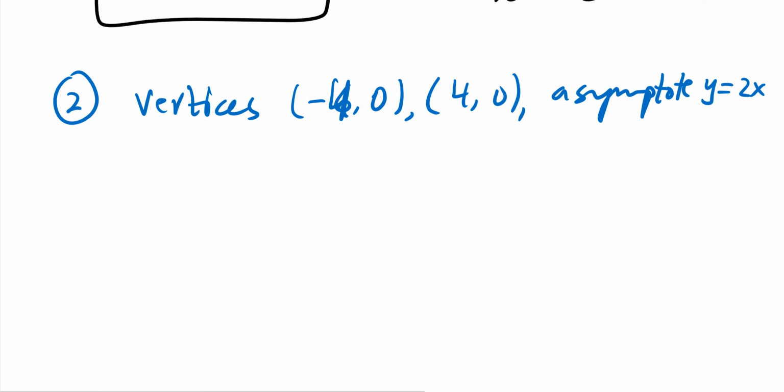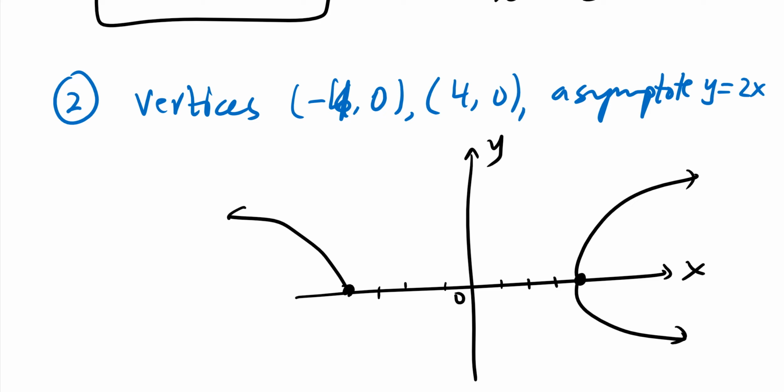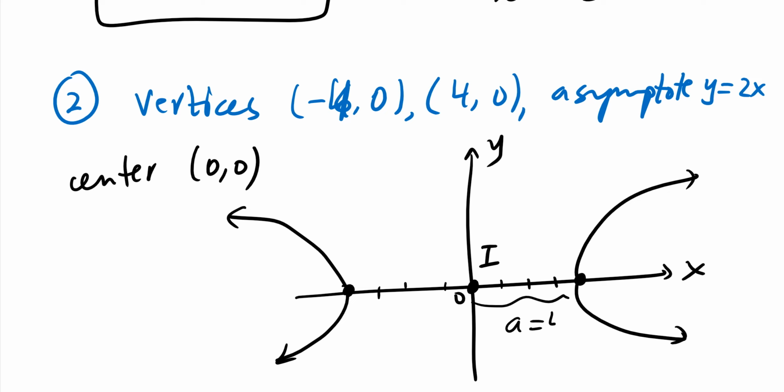So vertices 4, 0 and negative 4, 0. This means the hyperbola is going to go this way. So the center is 0, 0. I got the center. From here to here, that's a. a is 4. So I have a. What is b? We need to find b.